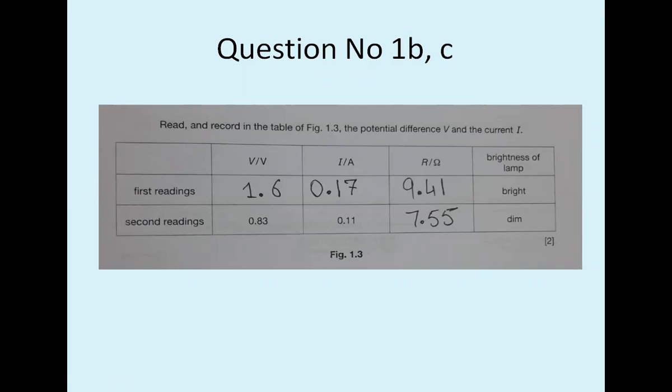Enter this in your calculator and you will get 9.41. In the same way, I can find the second R value: 0.83 divided by 0.11, and you will get 7.55. So when the lamp is bright, the resistance is 9.41. This is the resistance of the filament. And when the lamp is dim, the resistance is 7.55.